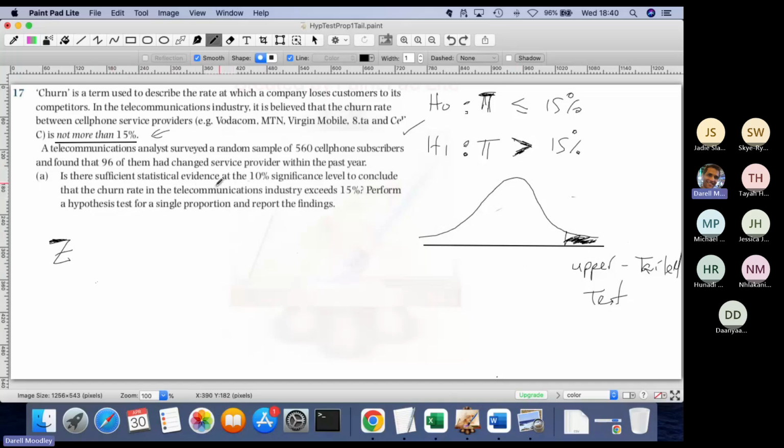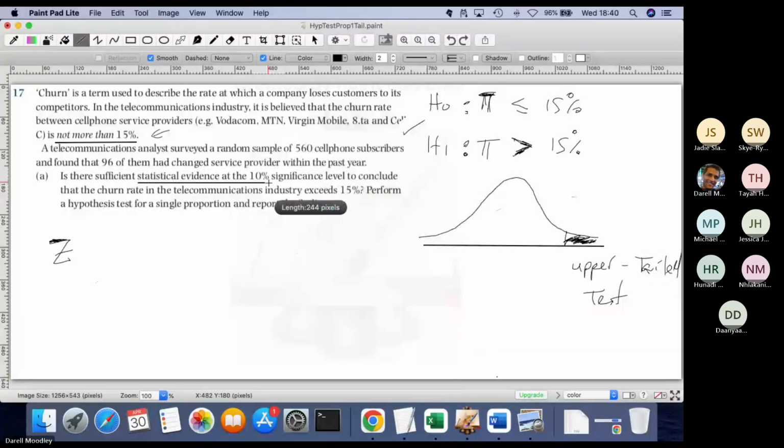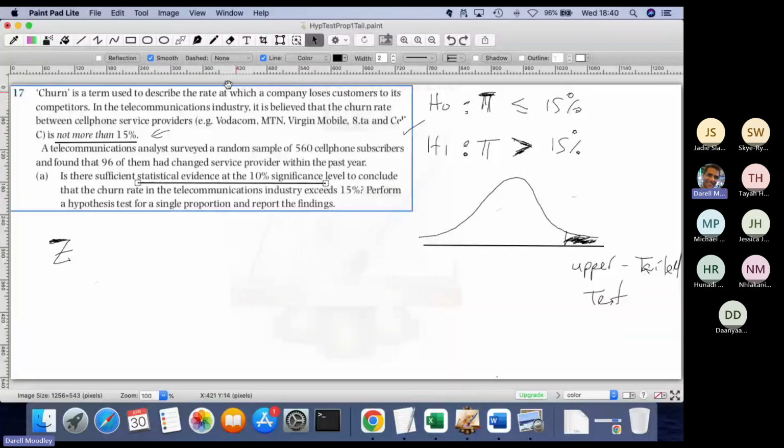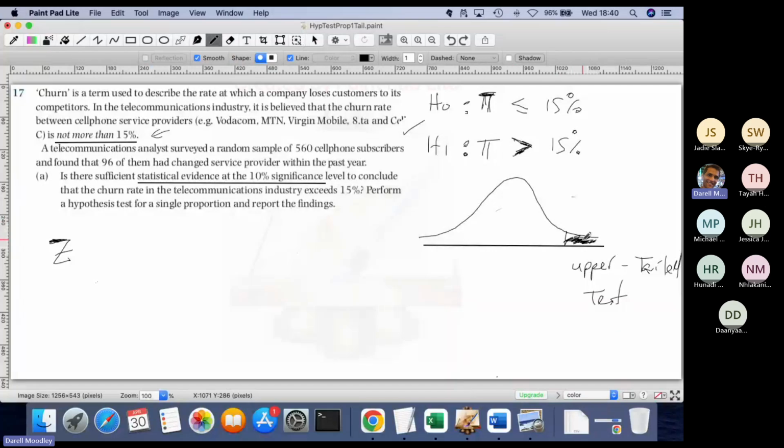All right, so let's look at our level of significance, that area. Here's our level of significance, 10%. That means the size of this area is 10%. Now we need to work out what is the value on the z-axis that corresponds to an area of 10%.